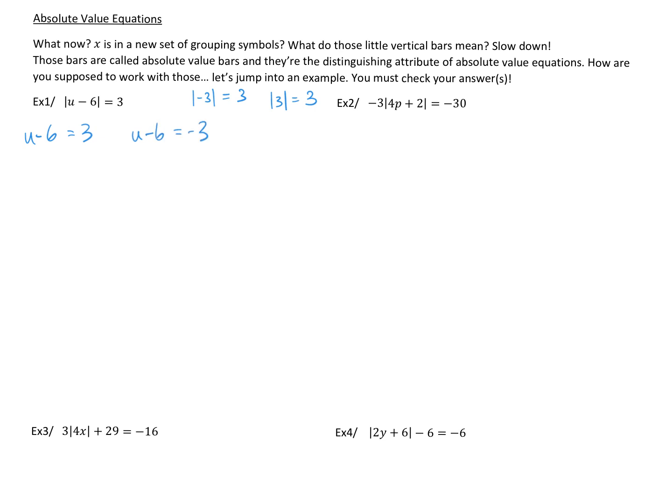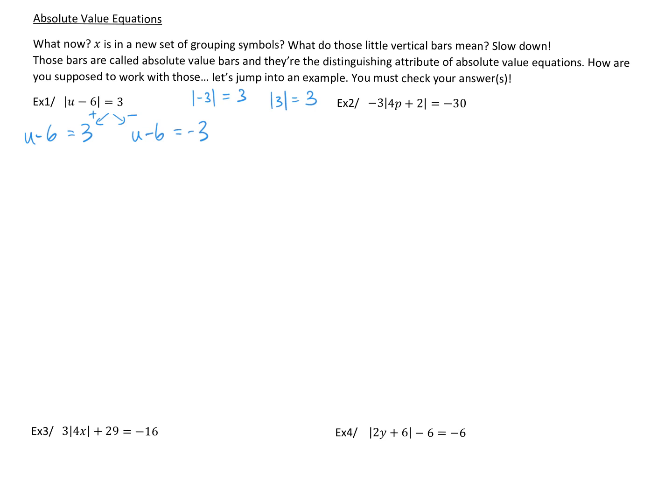And this is how you convert an absolute value equation back into a linear equation. It's going to always break apart into two equations, one positive, one negative, and you can see the positive is referring to the sign in front of the number the absolute value equals. So in this case, +3 and -3.